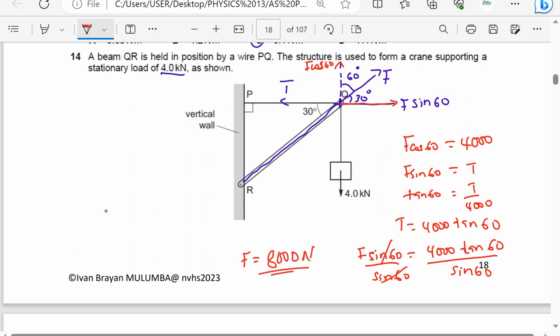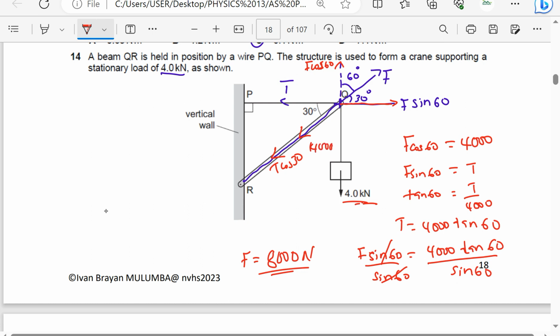If you're more experienced with this, you would have resolved the T in the direction of this one here. So it points this side. When I resolve T in this direction, it would be T cos of 30. And for equilibrium, T cos 30 plus the resolved 4,000 should give F. I could also resolve the 4,000 in the same direction.